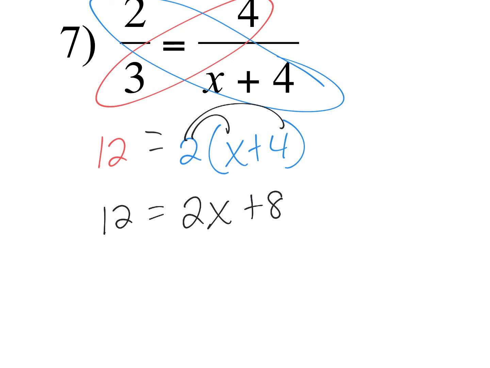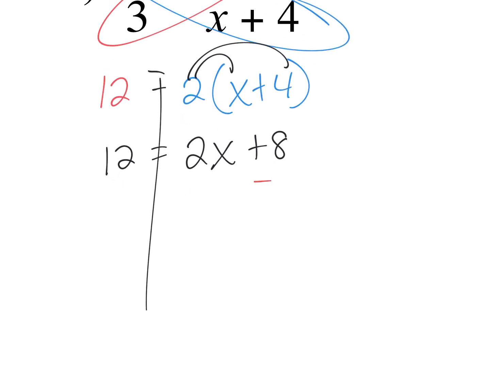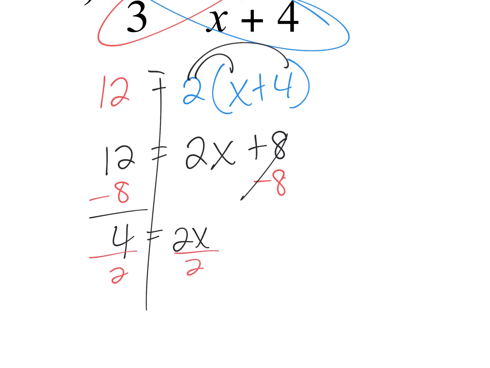And drop everything else down. Now it's a two-step equation, so minus 8, minus 8. That would give you 4 equals 2x. Divide by 2, divide by 2. X is 2.